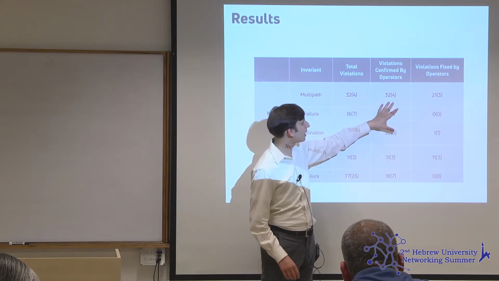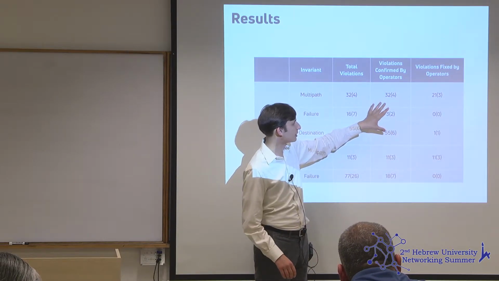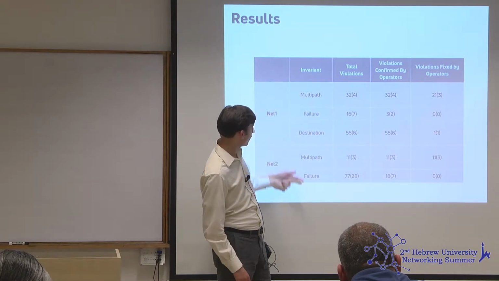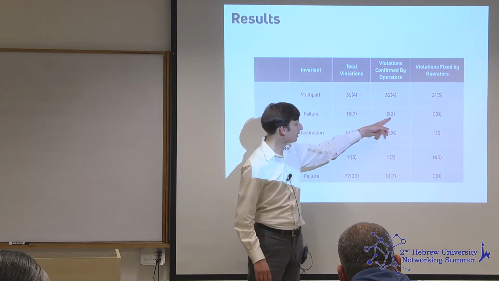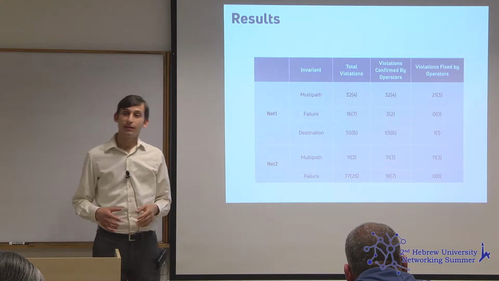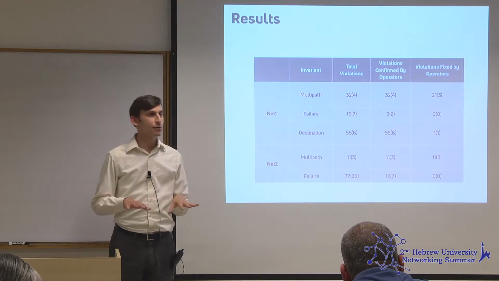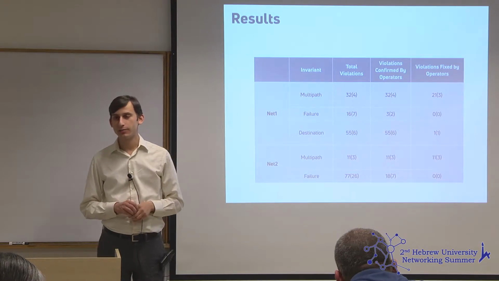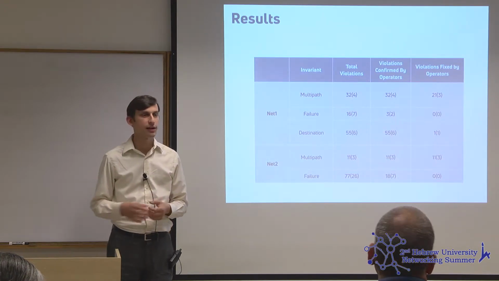Some were confirmed by operators as actually being real problems, and some were fixed. The differences here are in the failure constraints, like 7 dropping down to only 2 of those being confirmed as problems. The reason being, in places, the network was intentionally not resilient to any possible failure, basically for cost reasons.